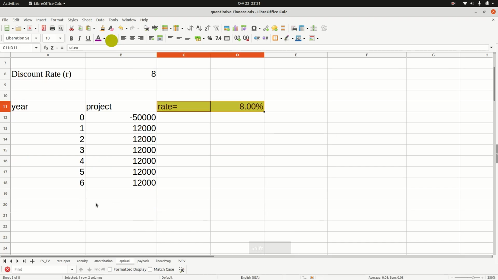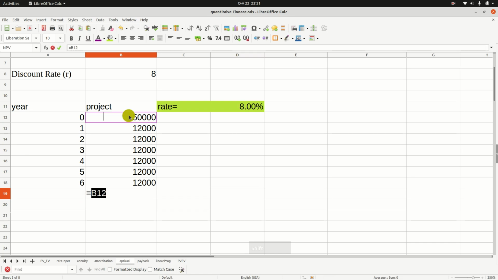So this is equal to the first number, I always want to start with it so I don't forget, plus NPV of everything here. NPV takes a rate, so it is already there. So the rate here, and then all the other cash flows. So this is what you're going to have. I think there's something wrong here, okay, so that's 5,000 here.